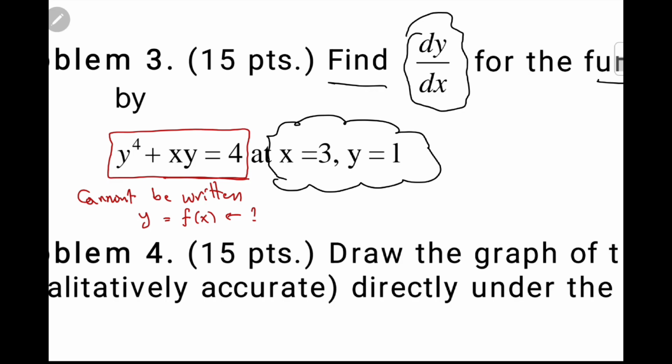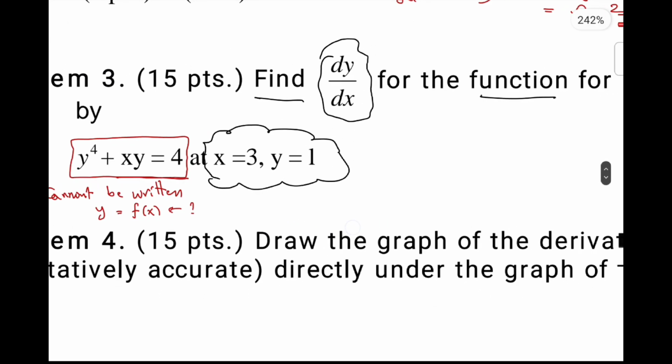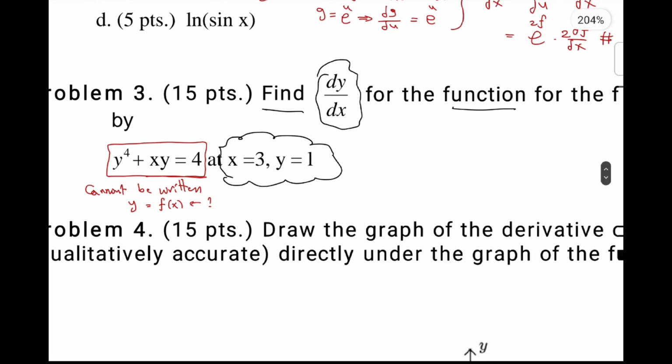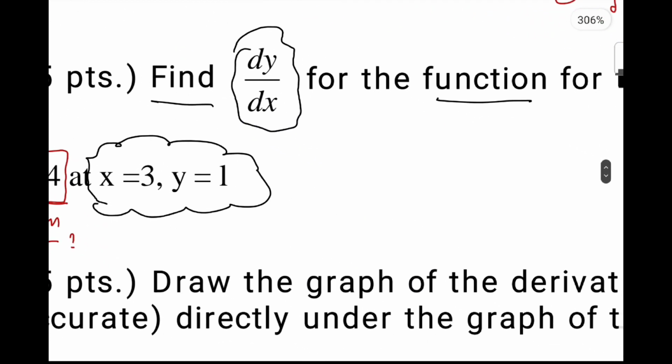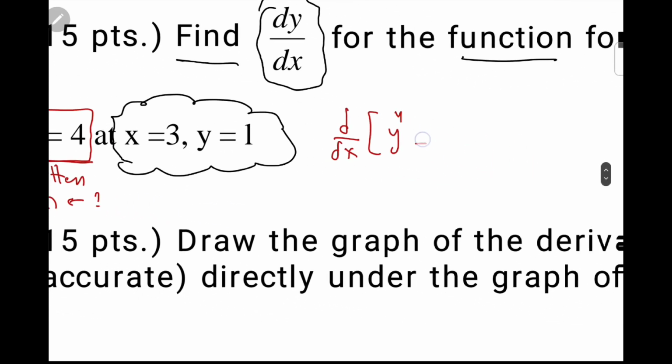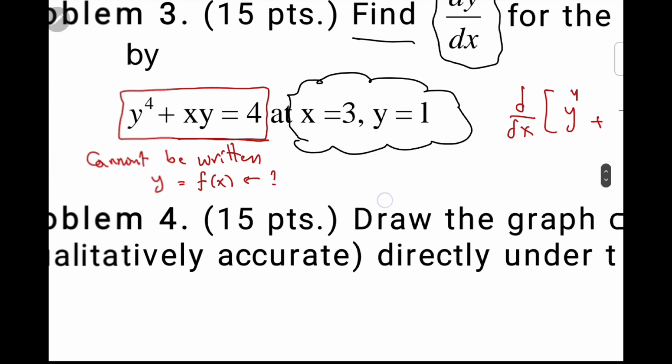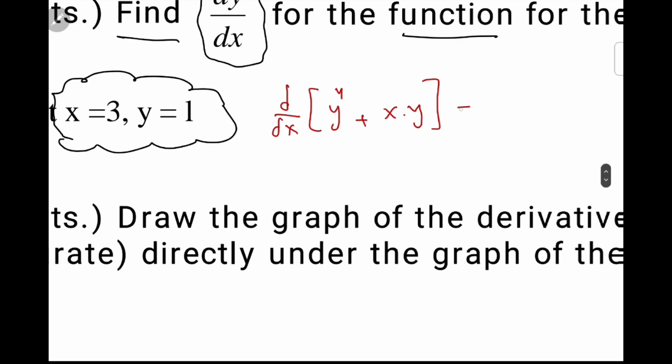In this case, there is a way to take the derivative, and this is using the chain rule. So we need to take the derivative d by dx of y to the power of 4 plus x times y. If you take the derivative on one side, you also take the derivative on the other side. So what's the derivative of y to the power of 4?